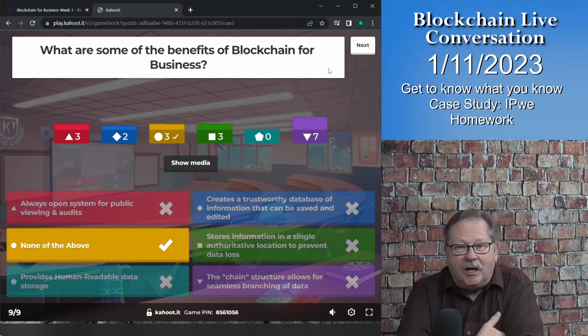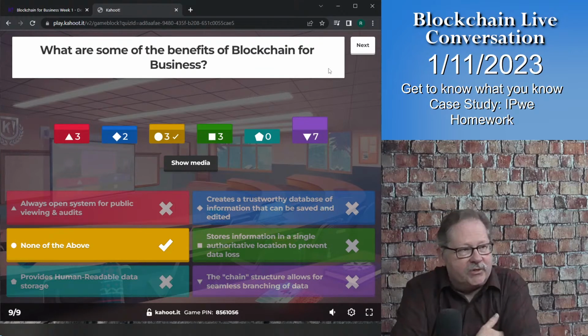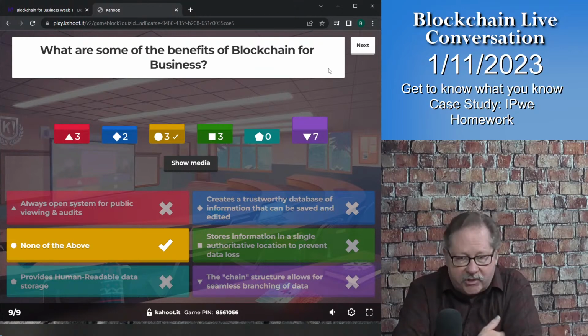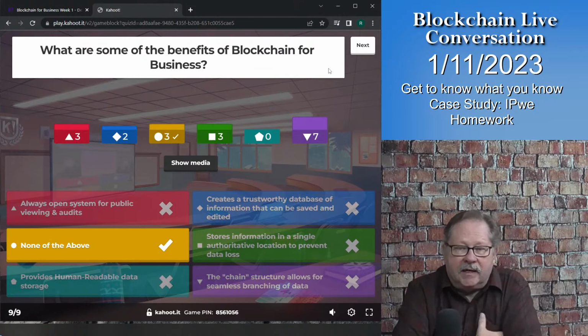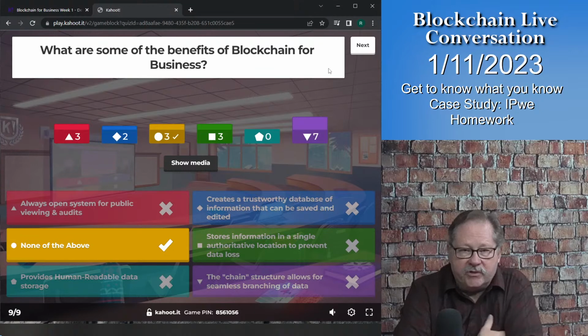And let me explain why the others were not correct, because I fooled a lot of you on the purple, with 7 of you answering there. So I'll start with the purple one. The chain structure allows for seamless branching of data. Blockchains don't branch unless there's a code change that they call either a hard fork or a soft fork.